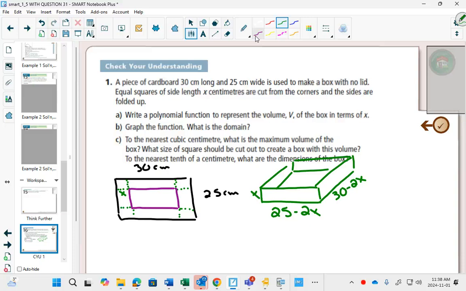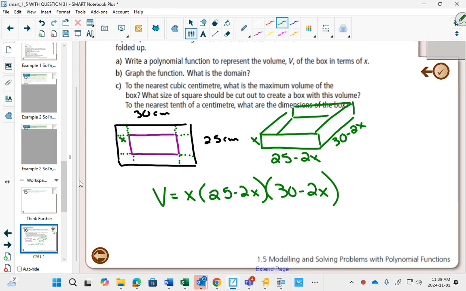Okay? Our volume, length times width times height, in no particular order, looks like this. Can you see, if I underline all the ones with an x, that this would make a positive 4x cubed graph?